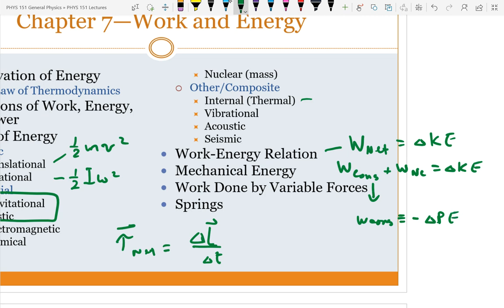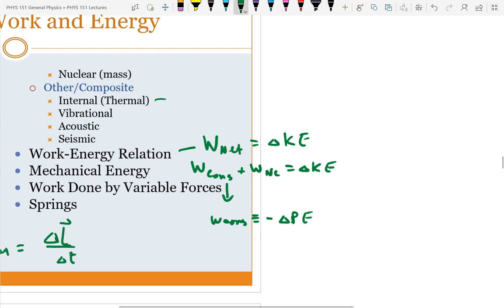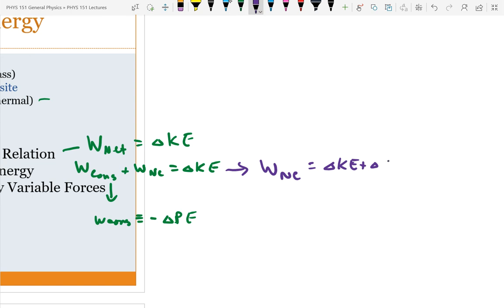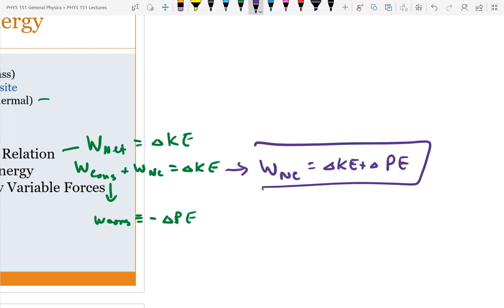So we can rewrite this equation as work non-conservative is equal to change in kinetic energy plus change in potential energy. And this form is usually what we use to solve work energy problems.